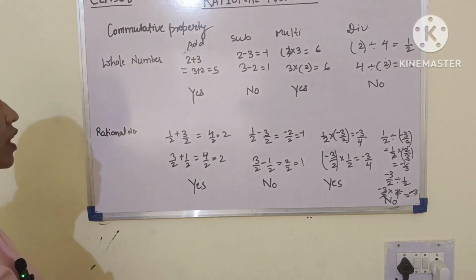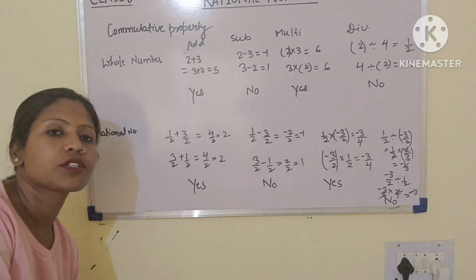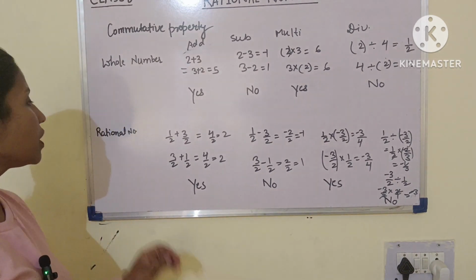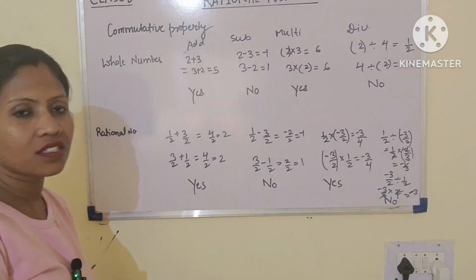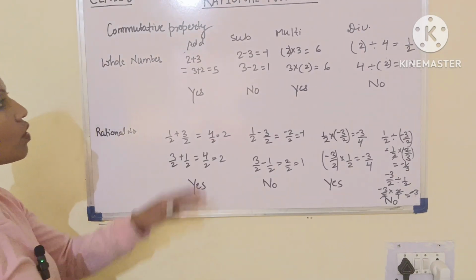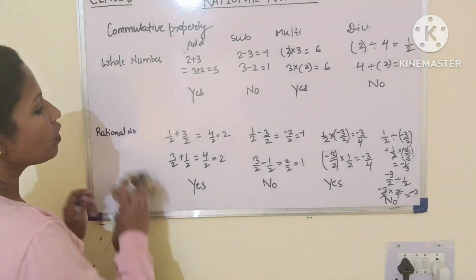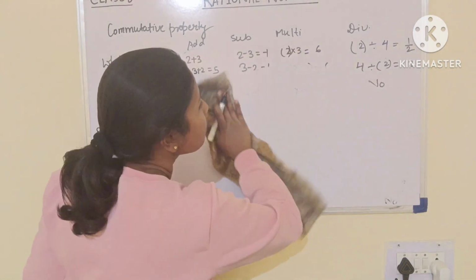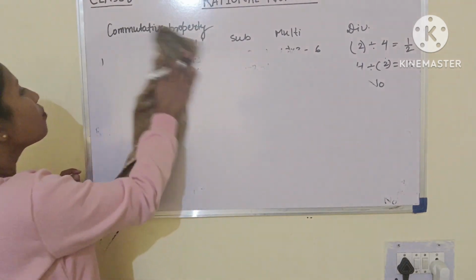So the commutative property is not followed for subtraction and division, either the number is a whole number, natural number, rational number or integer. कोई भी टाइप का नंबर हो उसमें subtraction और division में that will fail for some cases. Okay. So this was about the commutative property.